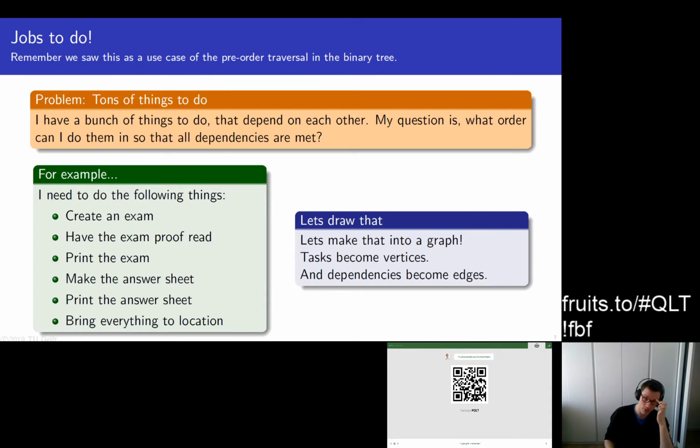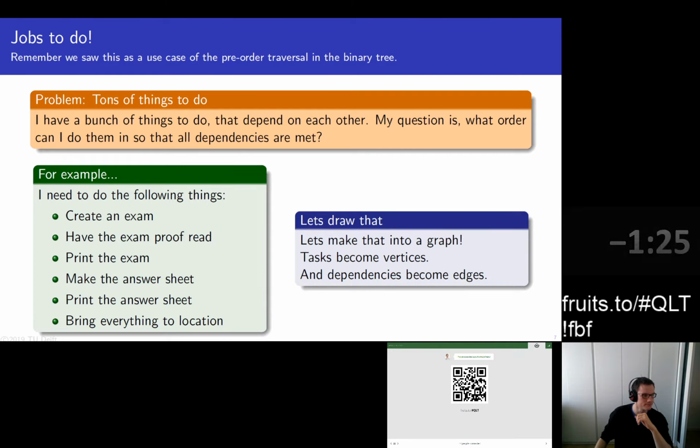Now, what I'd like you to do, please, is turn this into a graph where the tasks become vertices, dependencies become edges, and then I want you to find me an order in which I can do these tasks. I'll give you, let's say, 1.5 minutes to quickly make a drawing while I get my tablet set up, and then we'll take a look together. There we go. See you in a bit.